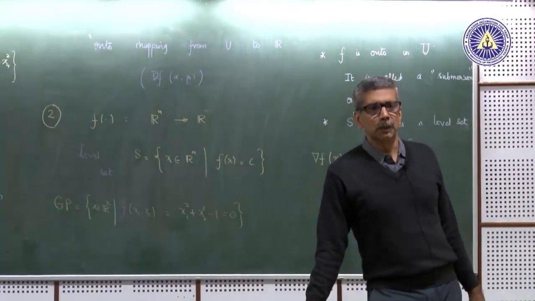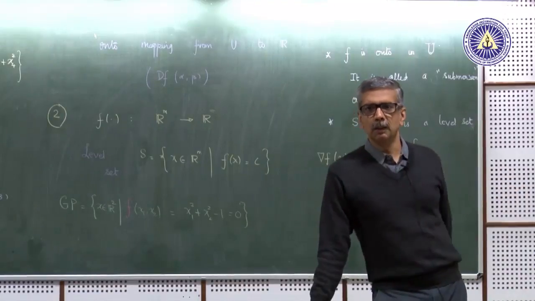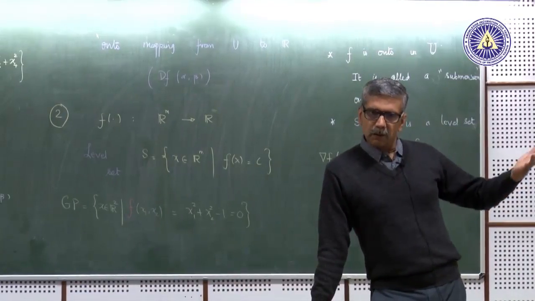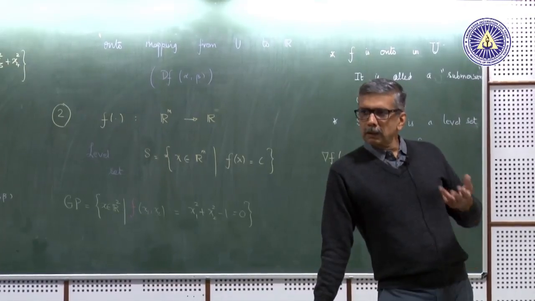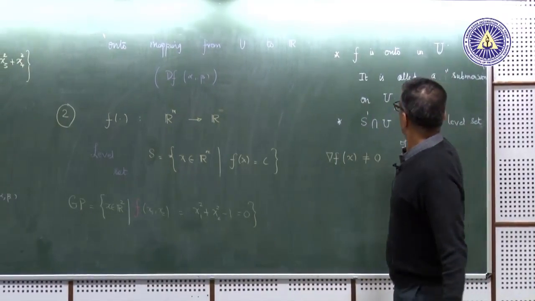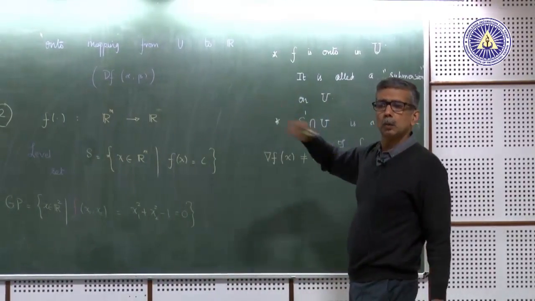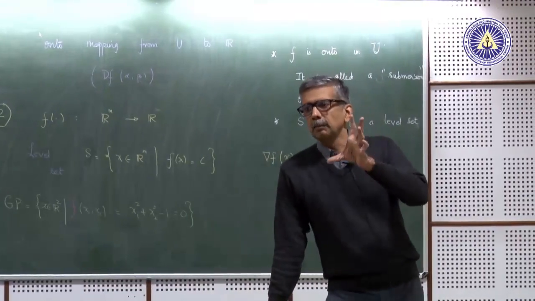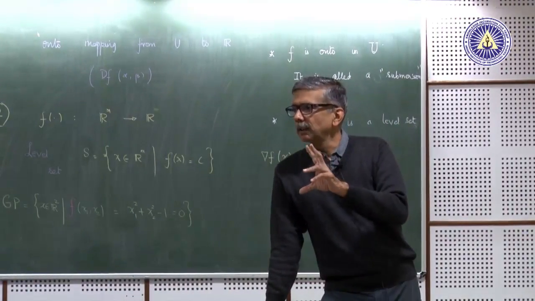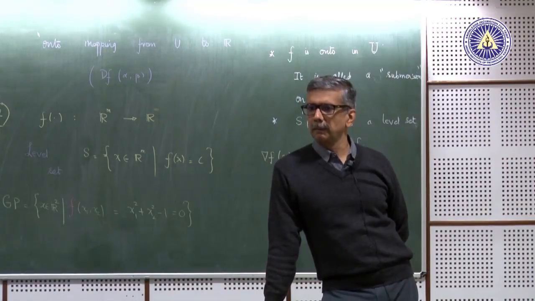Two important properties. One, the function should be smooth. x1 squared plus x2 squared minus 1 is a smooth function. Take the partial derivatives, they are all continuous and differentiable. Now, second is that in the region U, the onto property holds. Third is that the portion of the object you are examining is the level set of that function.